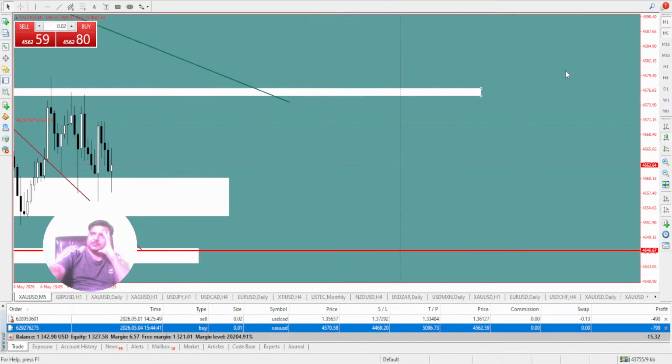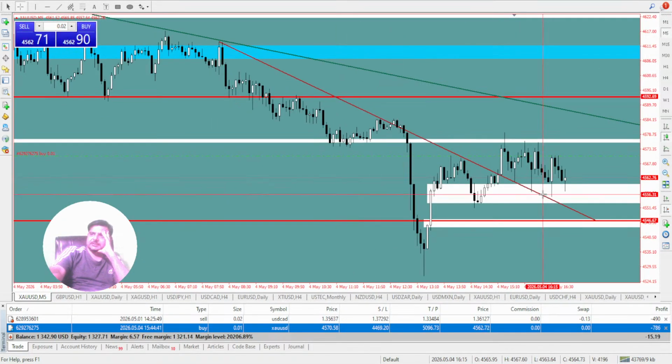This level, by the way, gave good scalping trades. See, one trade of 150 pips. This is now another 150 pips. Then from here it was a little bit early, but from here it gave.